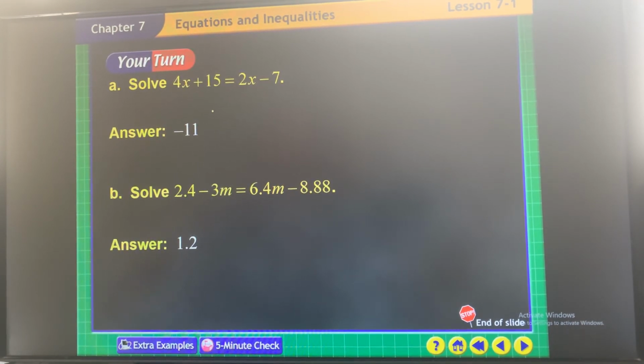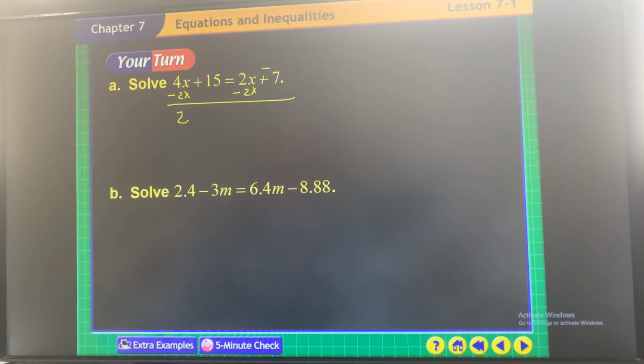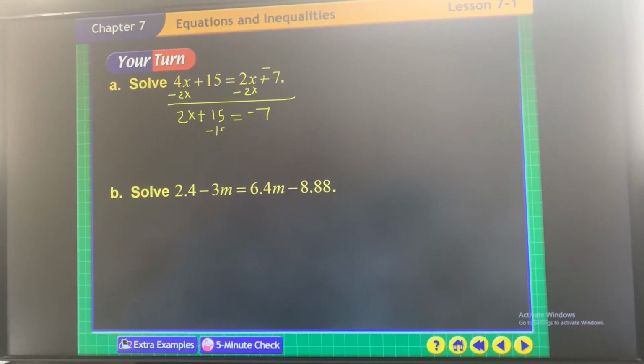It's not that hard. So this one, I would move this. Well, this one you're going to end up with negative no matter what. It doesn't matter. And I have 2x plus 15 is equal to -7. And then I'm going to do -15 to both sides and get 2x is equal to -22.